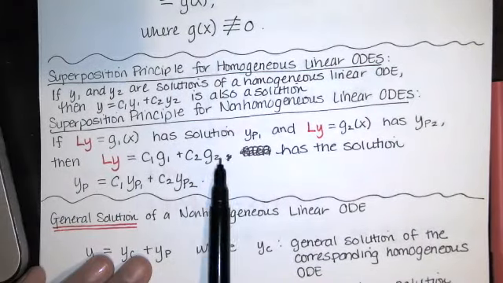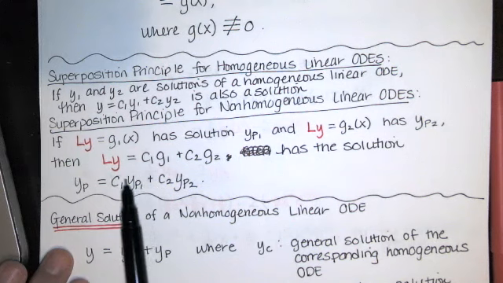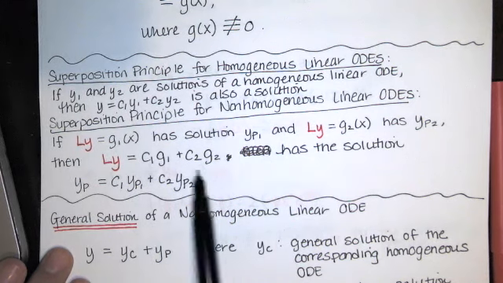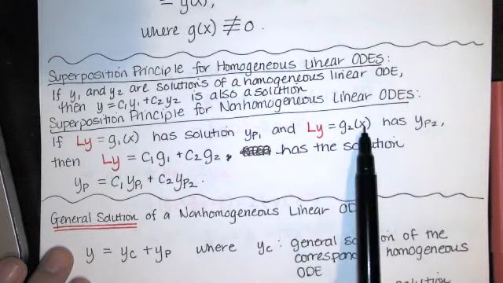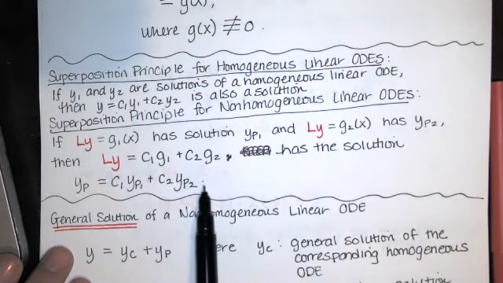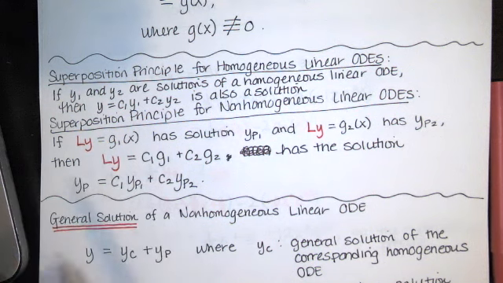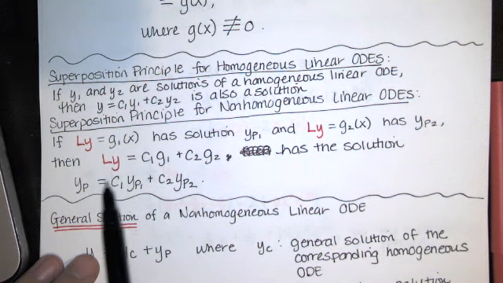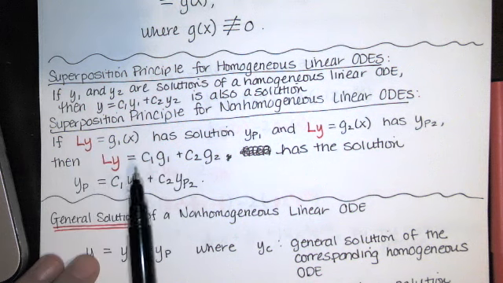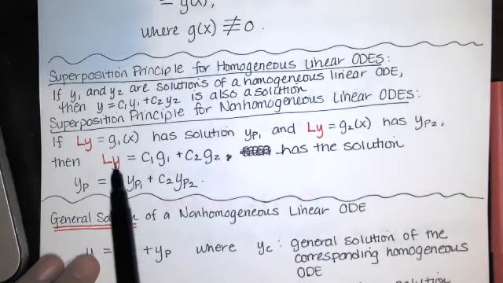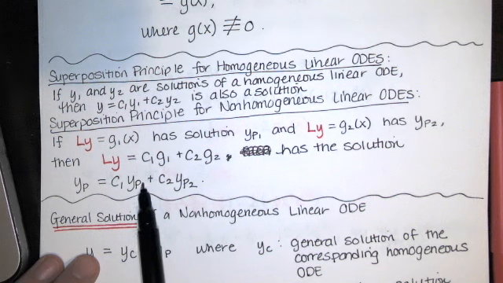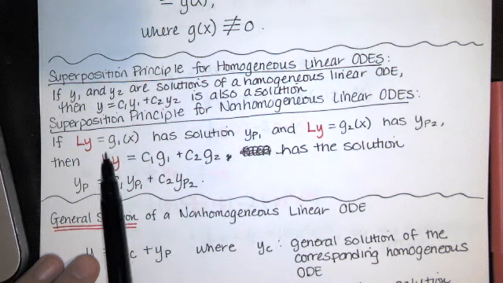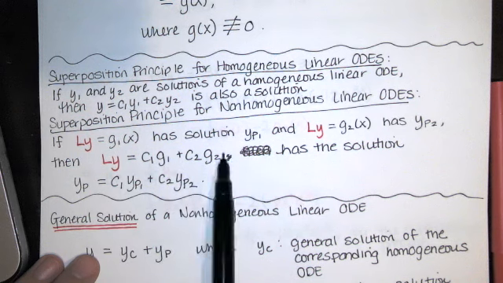If this is my new differential equation, and y sub p sub 1 is a solution of this, and y sub p sub 2 is a solution of this equation, if you substitute this into the left-hand side over here, and then you regroup everything, you'll be able to show that this linear operator applied to this y sub p will give you c sub 1 times the linear operator applied to y sub p sub 1, which would give you g sub 1, plus c sub 2 times the linear operator applied to y sub p sub 2, which would give you g sub 2.